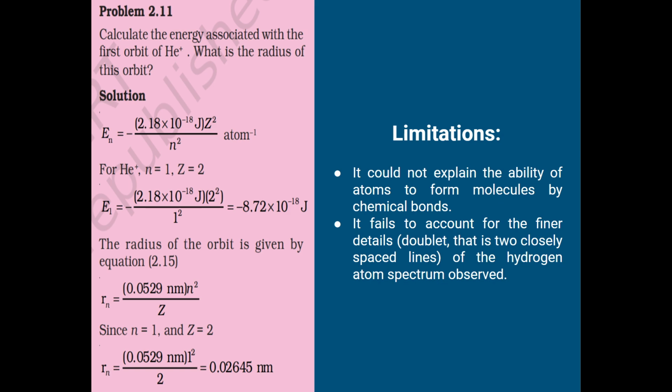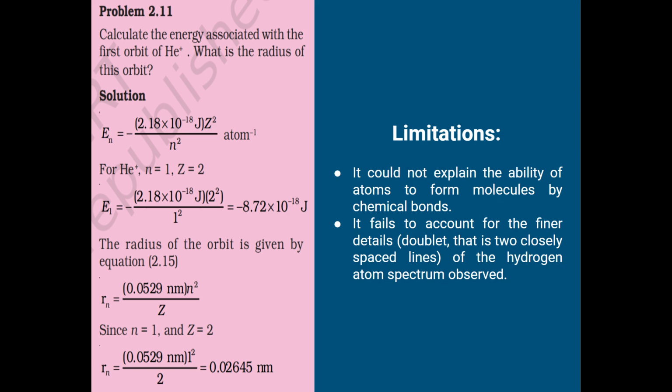तो कुछ भी नहीं है. Calculate energy associated with the first orbit of helium plus atom. तो energy का expression आपको पता है, and it is helium like atom, तो Z² से हमने multiply कर दिया. You just have to put the values. Your Z is atomic number, A was atomic mass, right? Z is atomic number, so Z is equal to 2, and associated with the first orbit बोला गया है, so n is equal to 1.